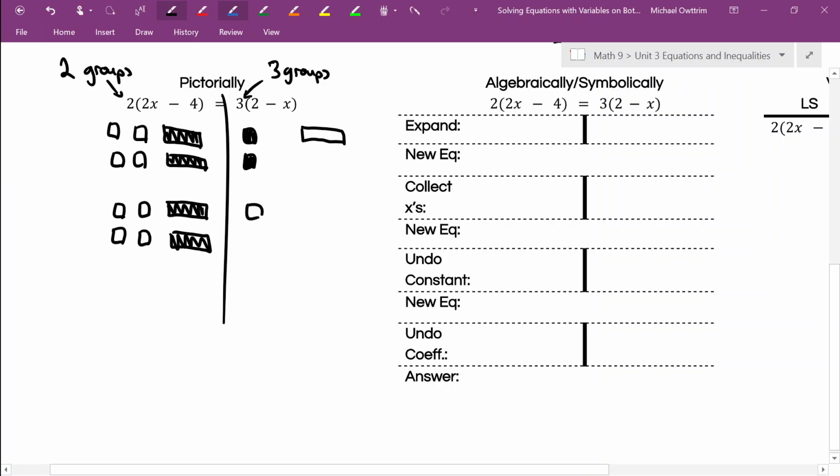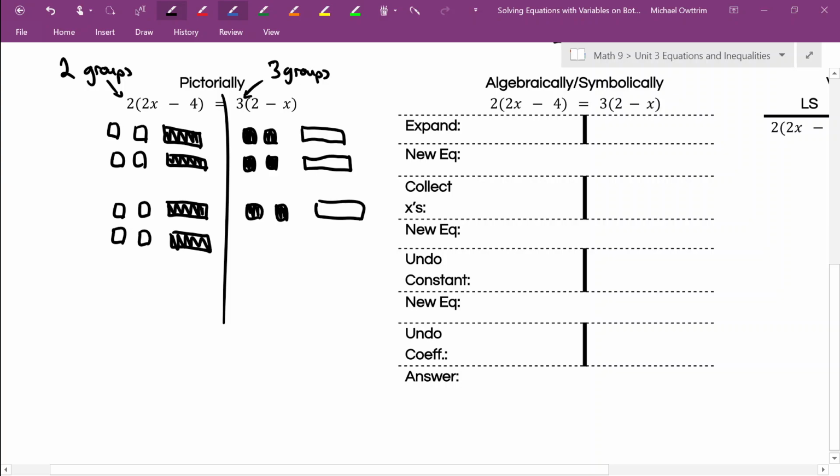So we'll do another 2 positive constants, 1 negative x, and another 2 positive constants and 1 negative x. So again, 1 group, 2 groups, 3 groups of my 2 positive constants and 1 negative x.